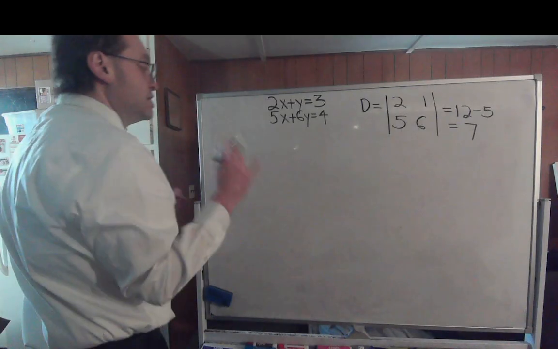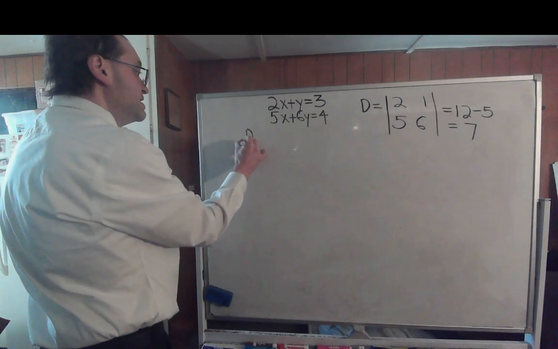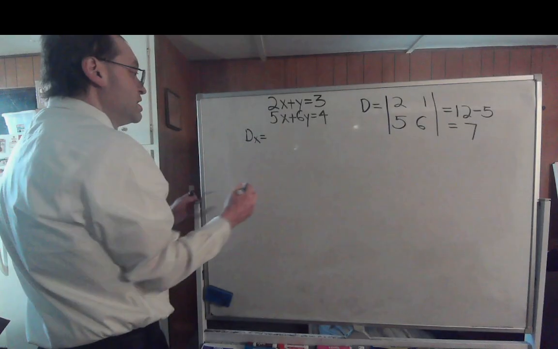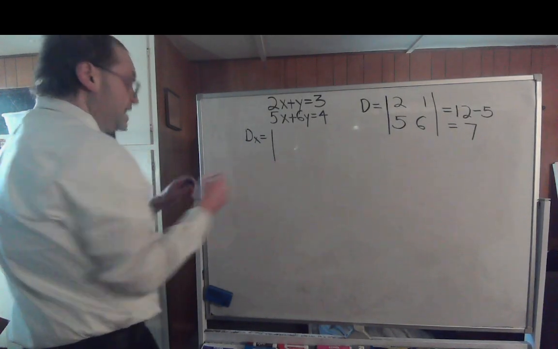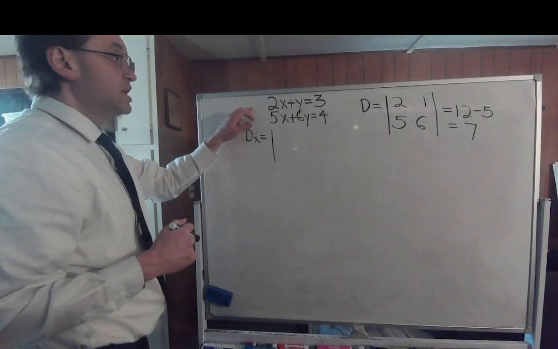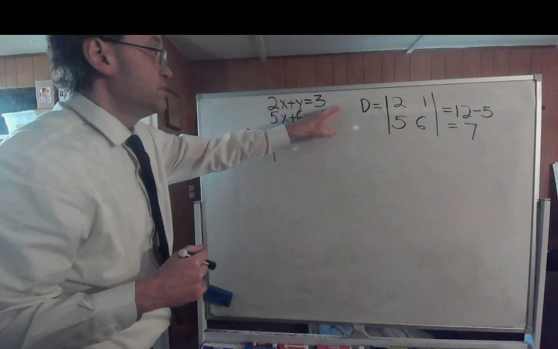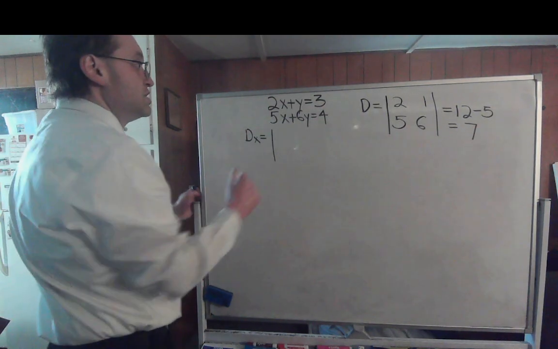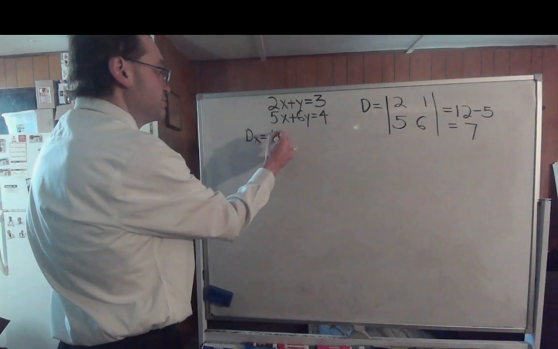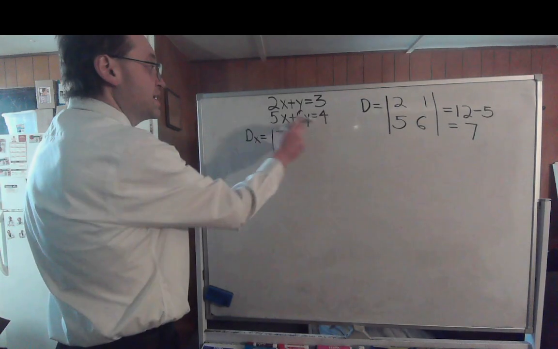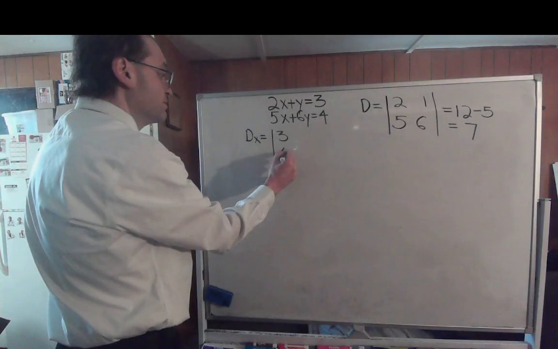Okay, now that we found that, let's find the d sub x. So we want to find x. That means we need to replace the coefficients in the x column with what these two equations are equal to. So for the first one in the x column, you'll replace it with 3. For the second one in the x column, you'll replace it with 4.